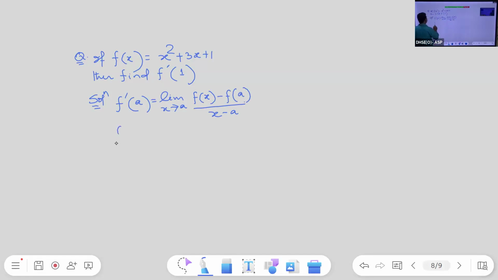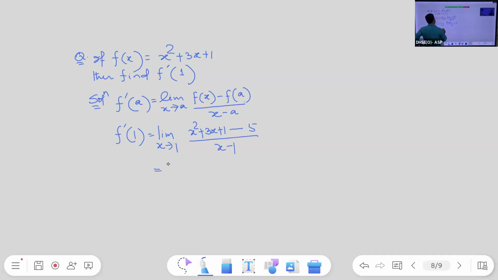So f dash 1 is equal to the limit as x approaches 1 of f of x, which is x square plus 3x plus 1, minus f of 1. F of 1 will be 1 plus 3 plus 1, that is 5, divided by x minus 1.